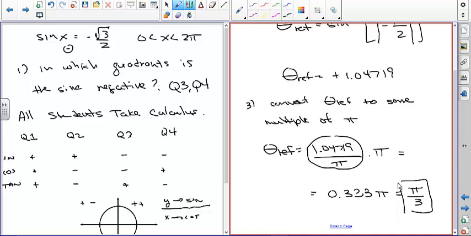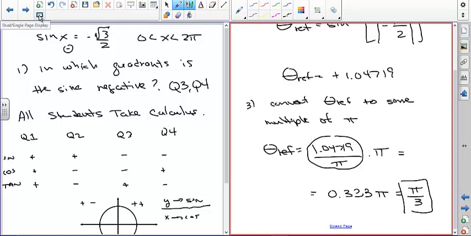But if the decimal is something that looks familiar, a sixth, a fourth, a third, all those kinds of things, then convert it to a fraction. Otherwise, leave it as a decimal. Okay, so now we know the reference angle in terms of pi.